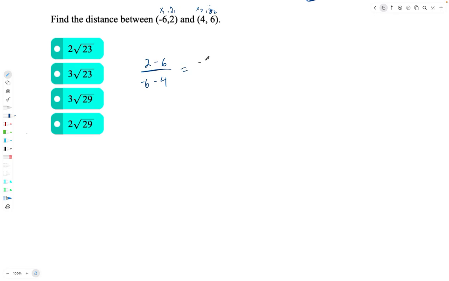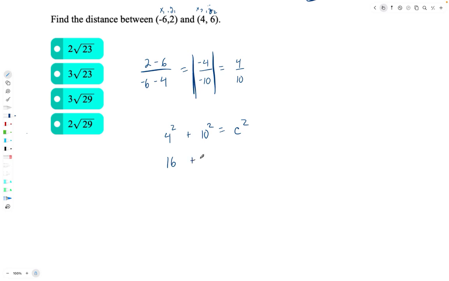All right, negative 4 over negative 10 equals 4 over 10 when we find the absolute value of those, which is what you do to find the lengths of the legs, right? So this is going to be A, and this is going to be B. So 4 squared, we put it in Pythagoras theorem, plus B squared would be 10, would equal C squared, which is your hypotenuse, right?